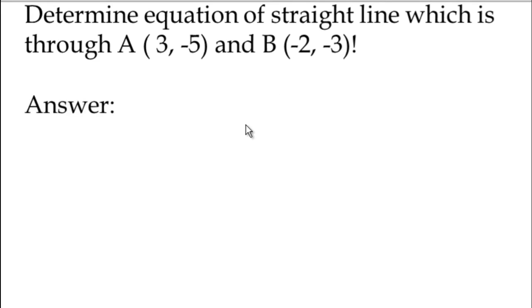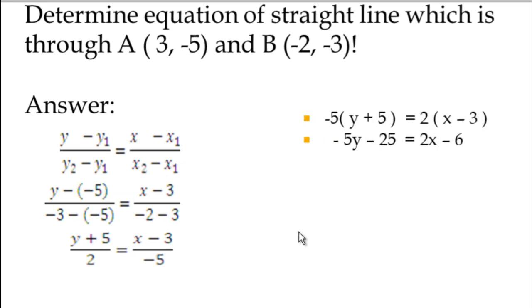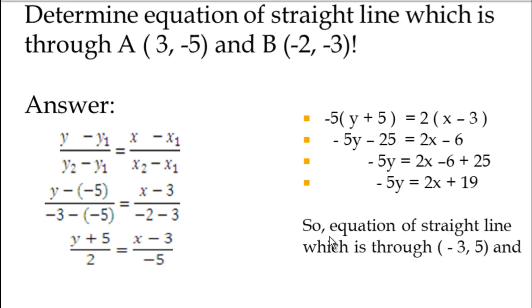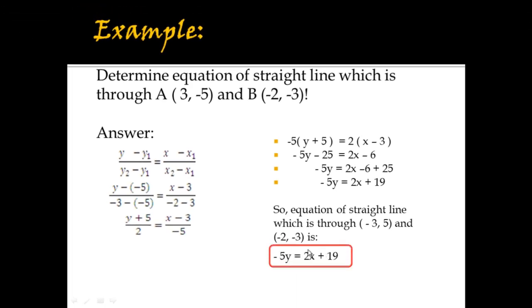So just substitute into the formula. We can write like this and then cross over. You can write like this. So the answer for the equation of line is negative 5y equal to x plus 19.